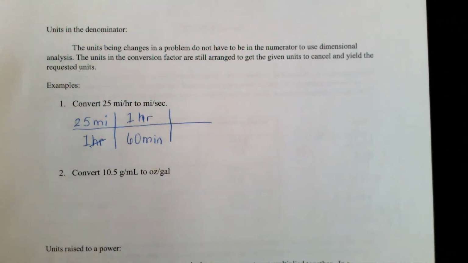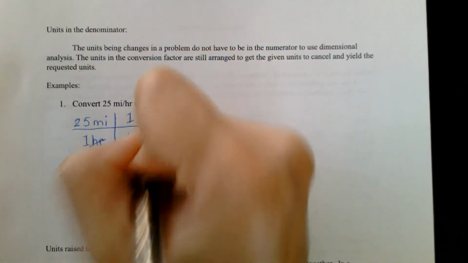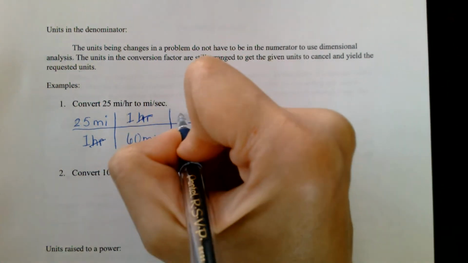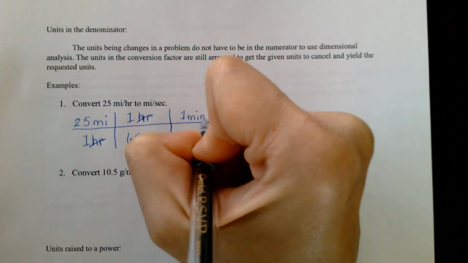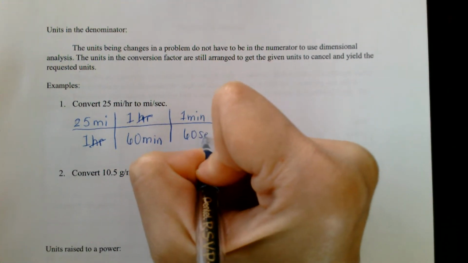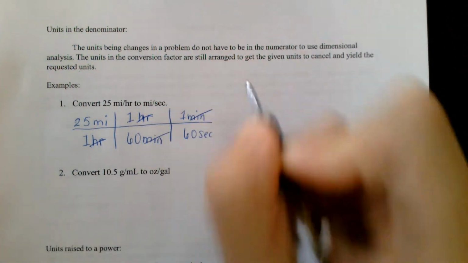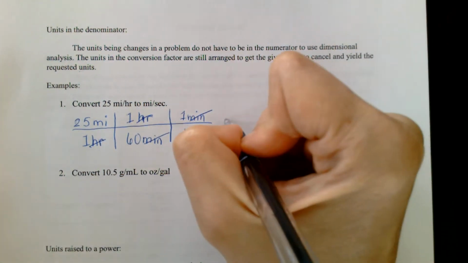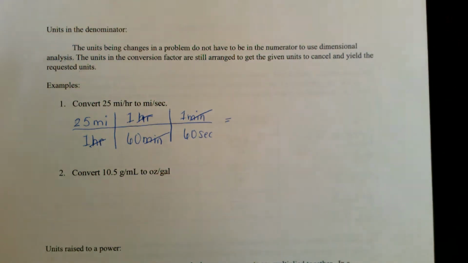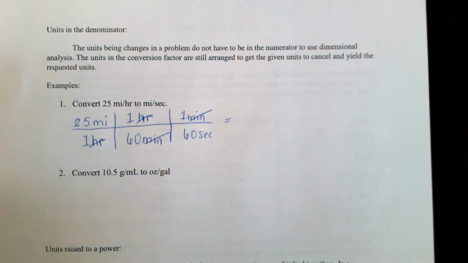Now my hours in the denominator are canceling with my hours in the numerator. And I do know that in 1 minute, I have 60 seconds. So then my minutes cancel with my minutes here. And we should be able to solve this for how many miles per second we're going.